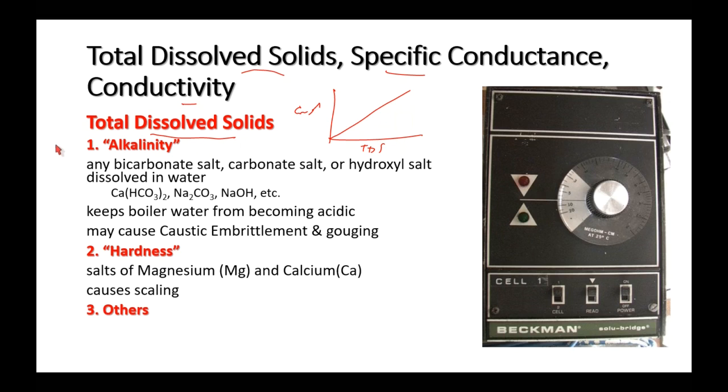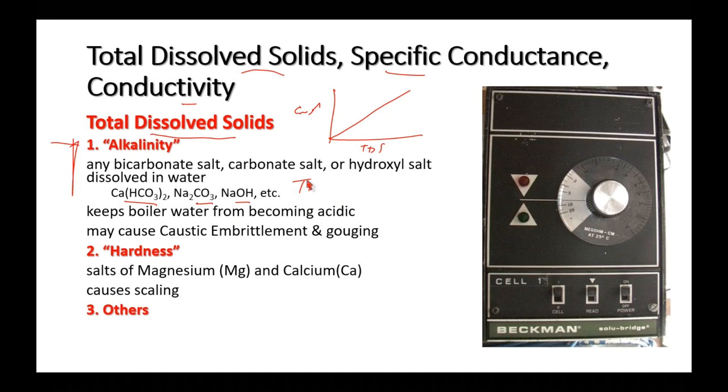But the ones that are important mostly are those that we call alkalinity. So bicarbonates, carbonates, salts, that's alkalinity. Now, we don't want excessive alkalinity because we get foaming, carryover, that sort of stuff. But this is not directly an alkalinity test, okay?